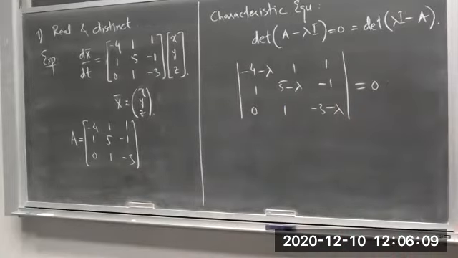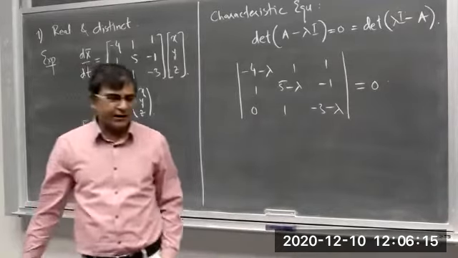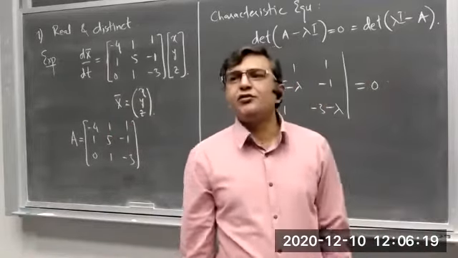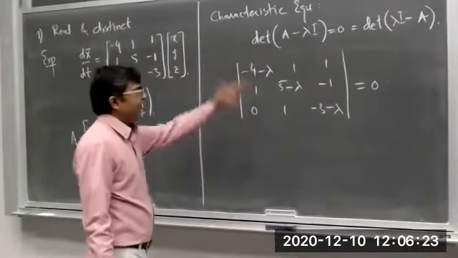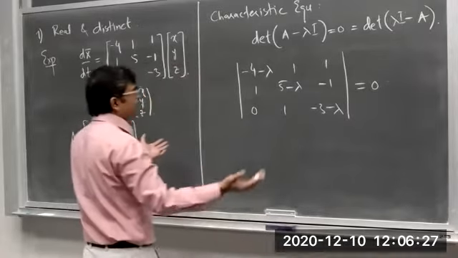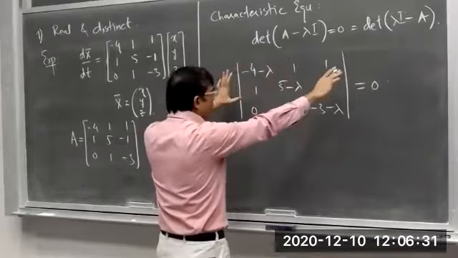I hope you remember how to simplify a determinant in linear algebra using row and column operations. We can use elementary row and column operations to simplify this matrix. Otherwise, we have to expand it by the first column or by the first row.